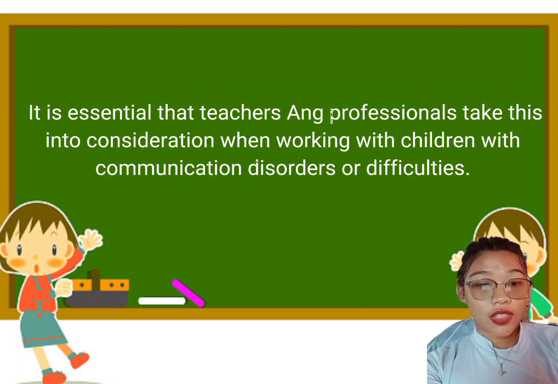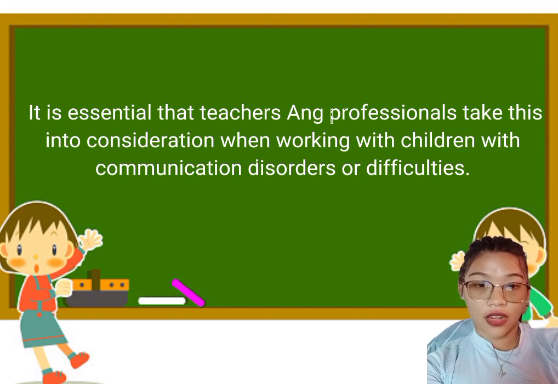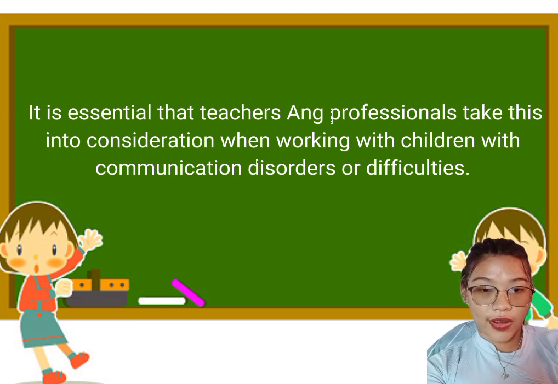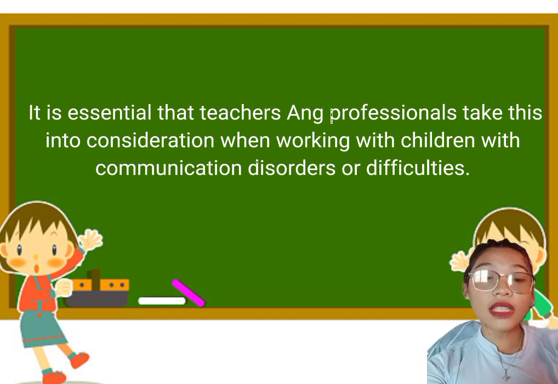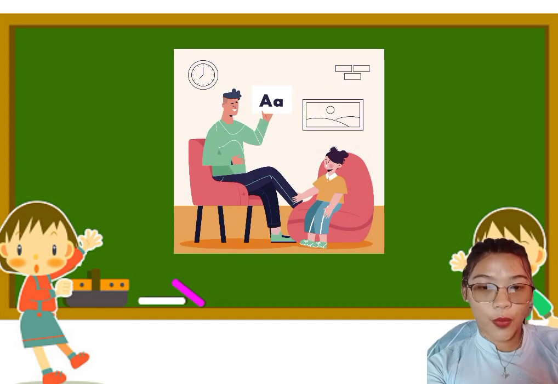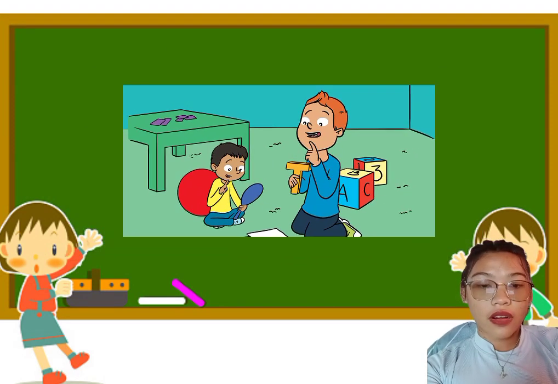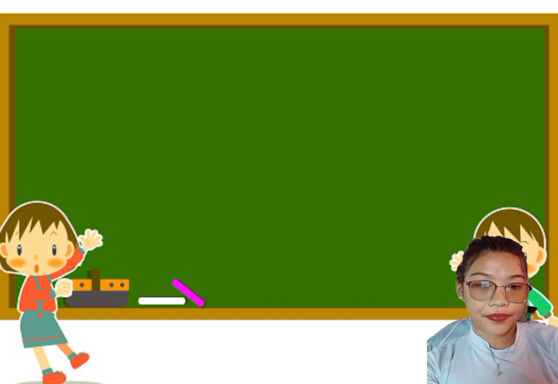Thus, it is essential that teachers and professionals take this into consideration when working with children with communication disorders and difficulties. Such feelings of frustrations may even become worse when peers or adults are unable to understand them.